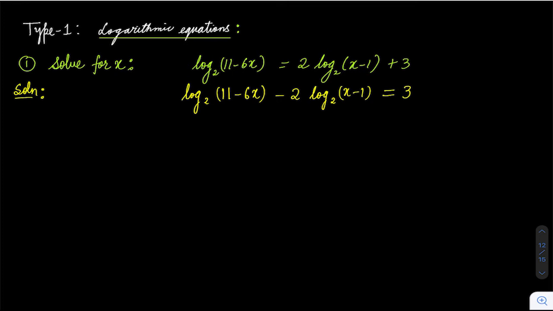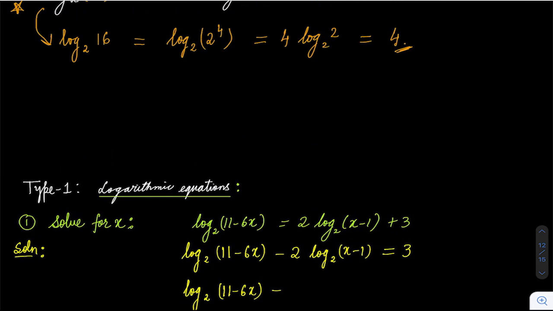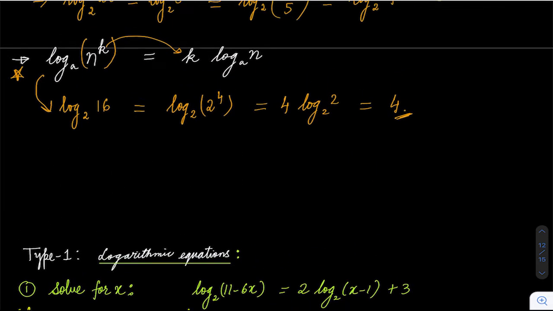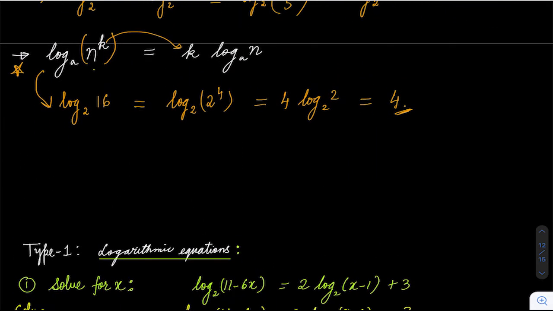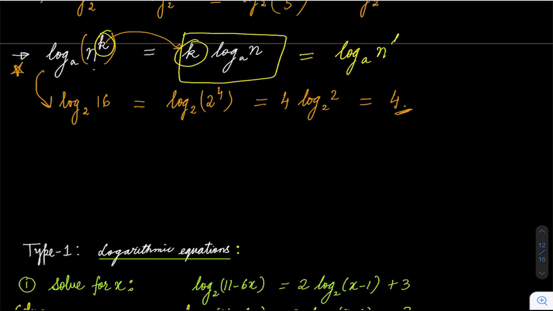So what I can do is, now I can use some laws to simplify this. The first law that I'm using is the exponent law, that is the third law. So if a number has some exponent, you can bring it outside, or you can do the reverse also, right? If some number is written outside the log, that number can become the exponent of the number.